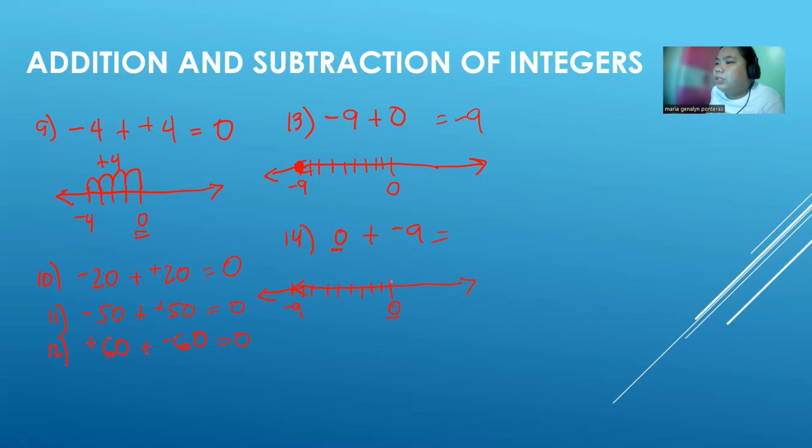We move 9 units to the left. 1, 2, 3, 4, 5, 6, 7, 8, 9. Okay, so the answer is also negative 9. And okay, so those are the simple concepts na kailangan linawin sa mga students natin.